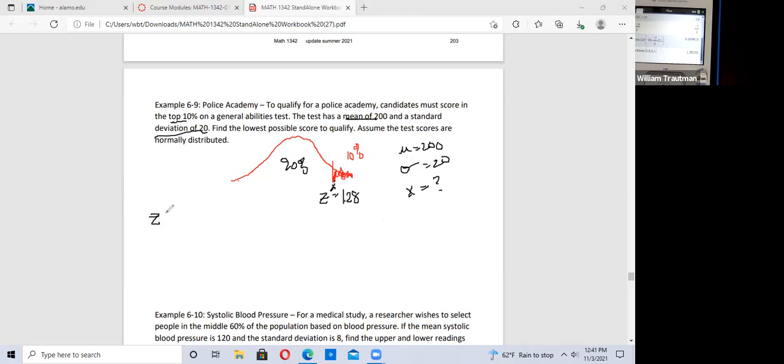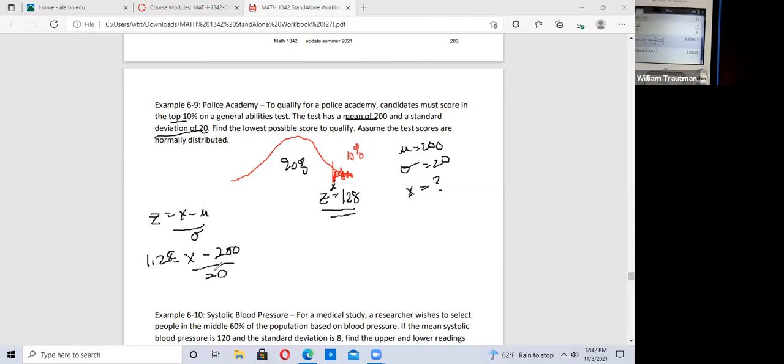And the formula was Z equals X minus the average over standard deviation. We're trying to find the X. The average was 200 and standard deviation was 20. And now I can erase the Z because we know that Z value is 1.28. There's a lot of work for this problem, and you will have these on the test.